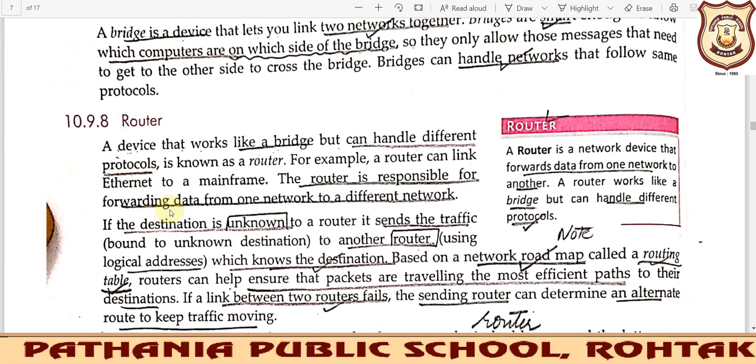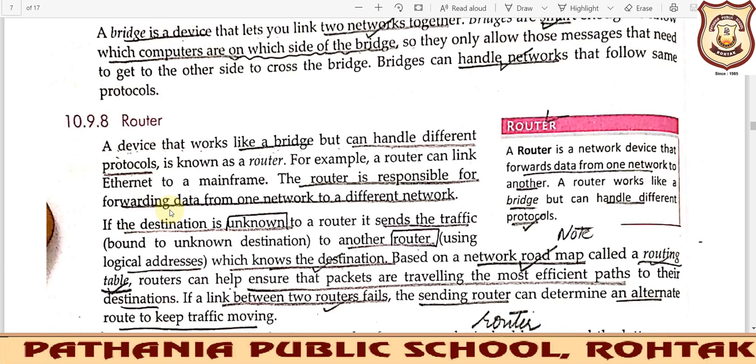In that, TCP was breaking down the data and reassembling it in the same order at the receiver's end, and IP was taking the data from one end to another. So TCP was breaking and assembling the data, and IP was taking that data from the source to the destination.